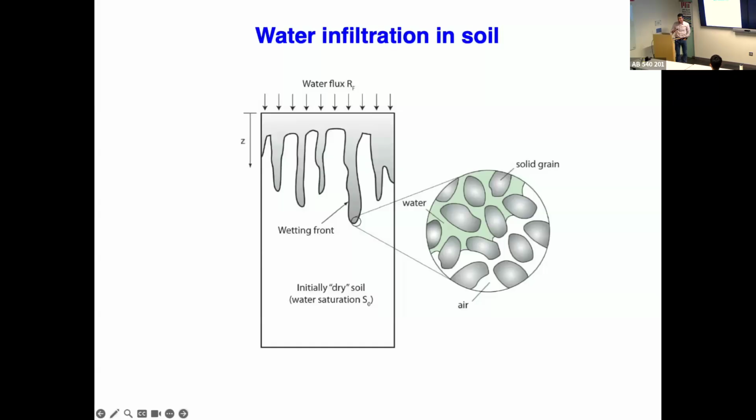There's a couple more things I want to talk about. One is related to what I've discussed now, but the driving force is now gravity. So this is a problem that hydrologists are interested in. You have precipitation over soil, and then that water is going to permeate downwards into the soil.